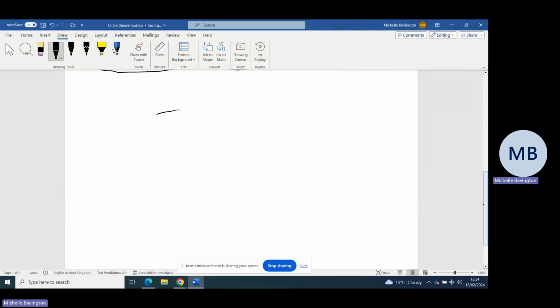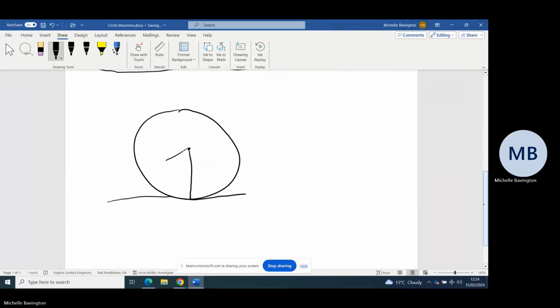Right, so here's a circle, as good a circle as you're going to get anyway. There's a radius, straight line. I'm just doing this roughly. There's our center, and we've got a radius going down there. We've got that, that, and that. That is actually the same shape as that.